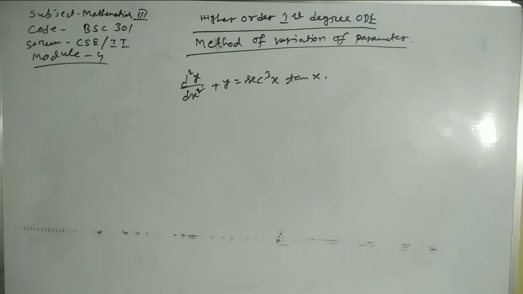There is no other method for finding complementary function. There is only one method we learned in the previous chapter, the D operator method. But there are various methods to find particular integral, such as method of variation of parameter, which we are doing now, and in the previous chapter we learned the D operator method.